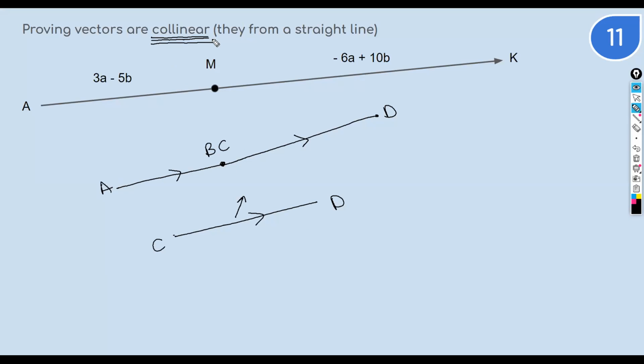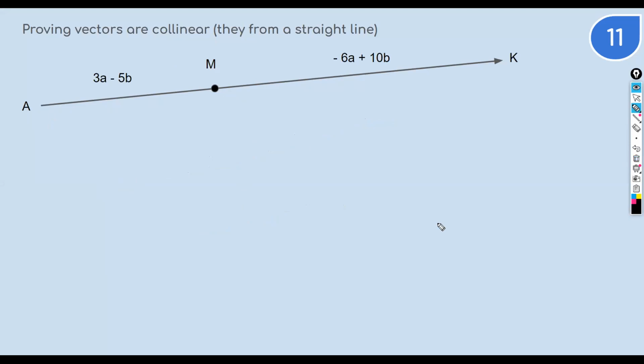So whenever they use the word collinear, like they ask you to prove this vector is collinear, they're really asking you to prove A, M, and K form a straight line. That's what collinear means. Oh, I have it up here, I didn't realize that. I'll write it here. Collinear means a perfect straight line.